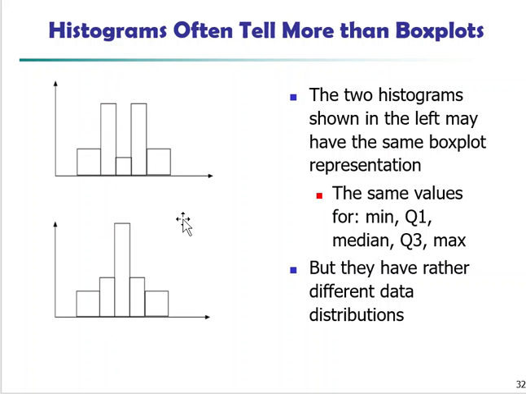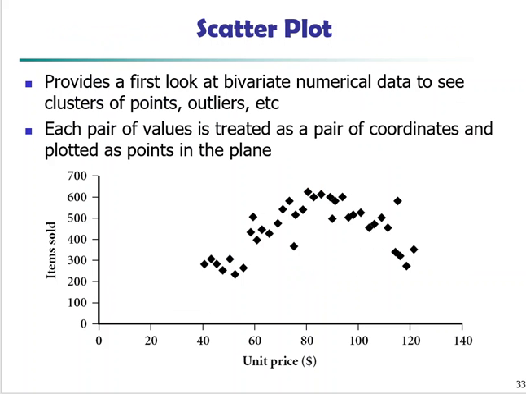Looking at histograms would be more helpful than just looking at box plots in order to see the distribution of a univariate variable. A univariate distribution, right?